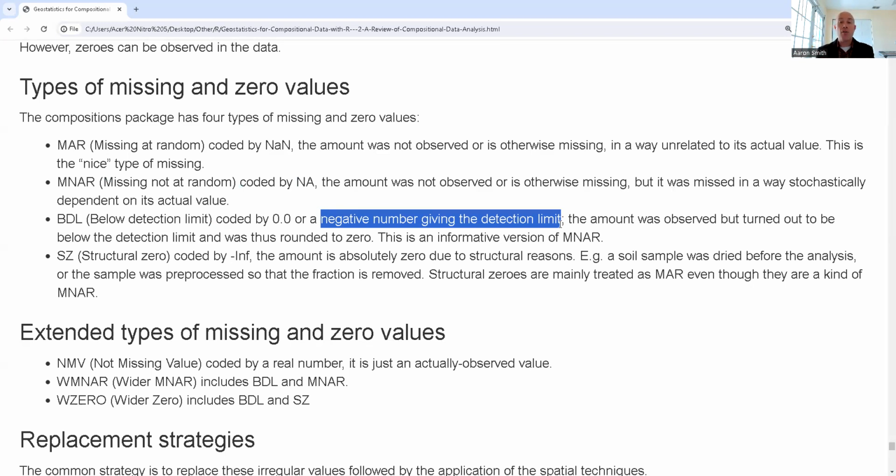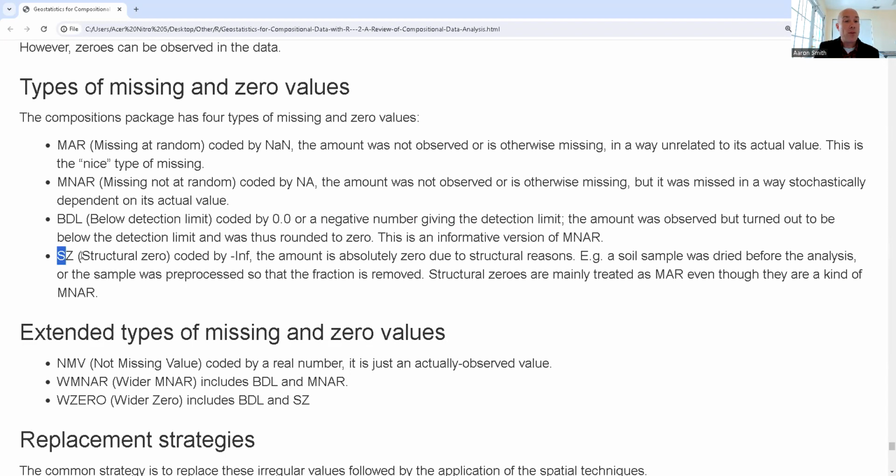So what this package does, when it has a value below detection limits in the data, it says, well, below this level, it doesn't make sense, don't trust it. It still keeps it in there, but it slaps a negative sign in front of it so that I know not to trust that value. It's too small. The amount was observed, but it turns out to be so low that I can't trust it, and it might have been rounded off to zero. And so this is like an informative version of missing not at random.